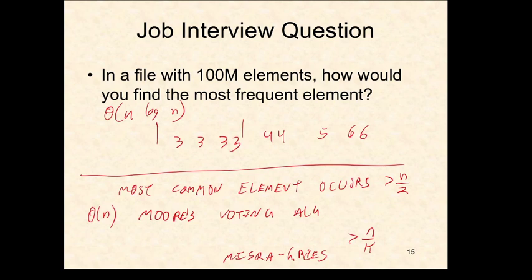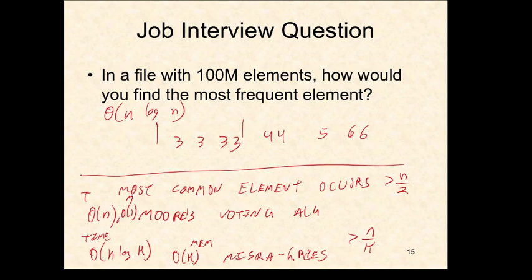This is O of n time, O of 1 memory. So this is time and memory. This one has slightly bigger memory requirements, O of k in memory. But k should still fit in memory. And it's O of n log k in time.